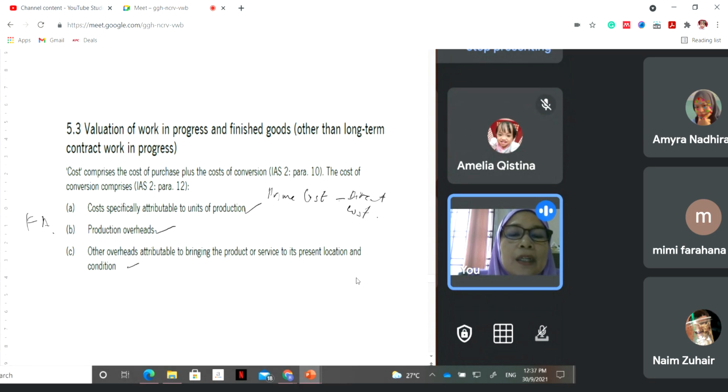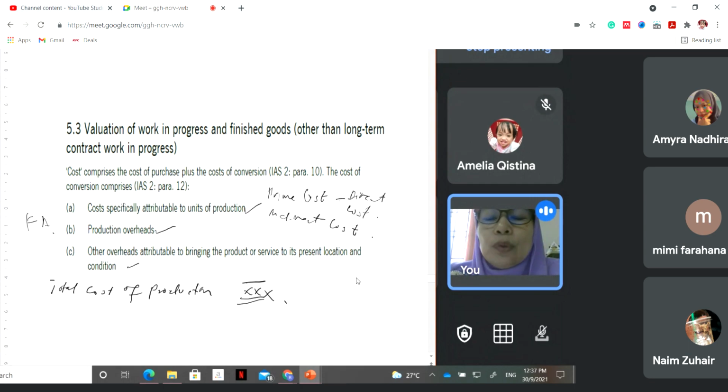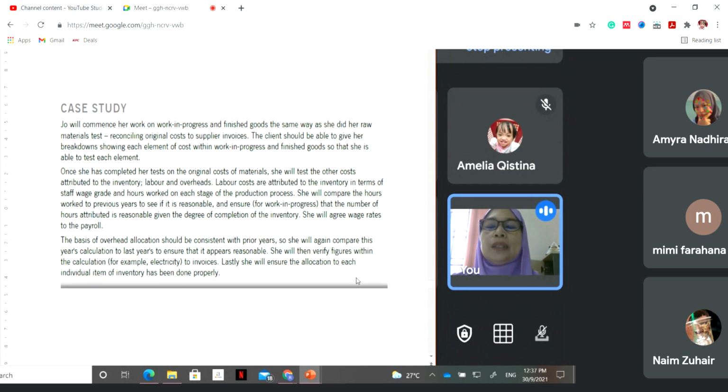And you have the indirect cost. On top of that, you have production overhead and other overhead, in order for you to get the total cost of production. When the company arrives at this figure, you have to look at the cost attributable to unit production, production overhead and other overhead. So this is what Joe Price do.